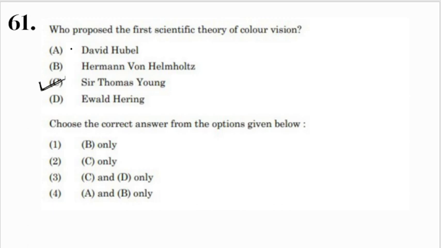Young was the first person to give the concept of the trichromatic color theory, which was later on expanded by Helmholtz.